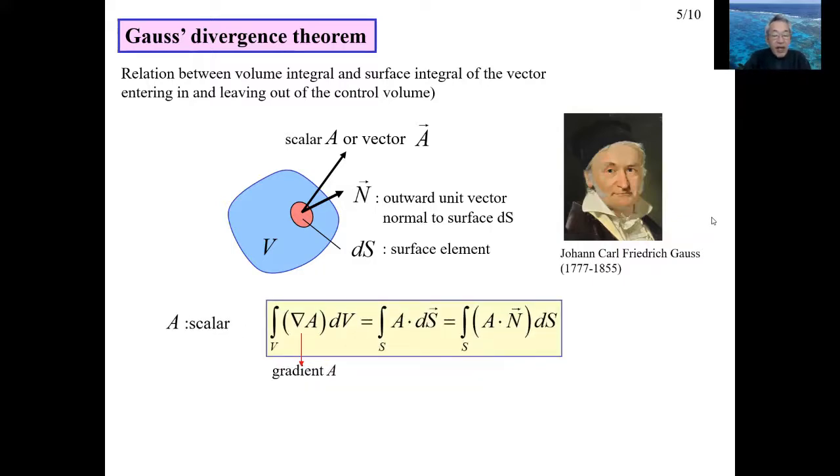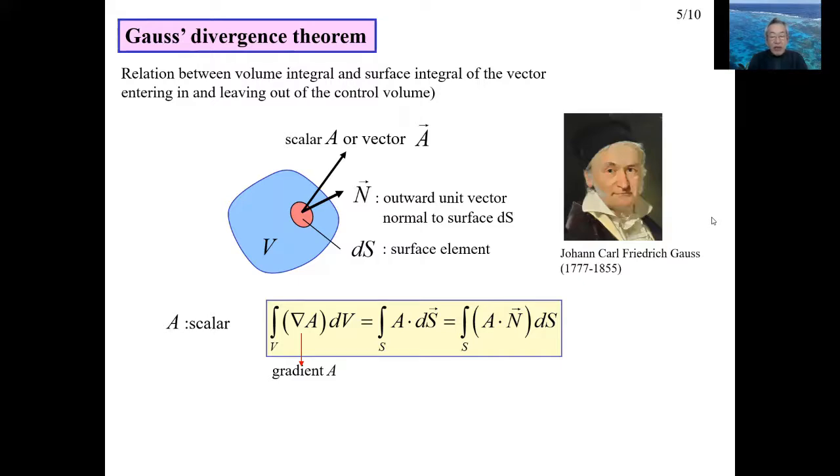If A is a scalar, the Gauss theorem can be expressed by the formula in the yellow frame, where dS is a small surface element and dV is a small volume element. The surface element dS with an arrow is a vector and has a direction perpendicular to the surface.